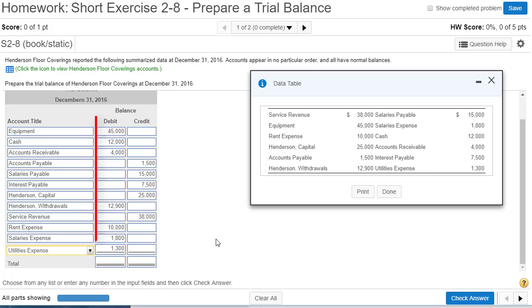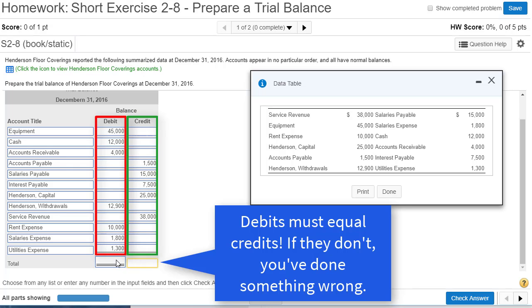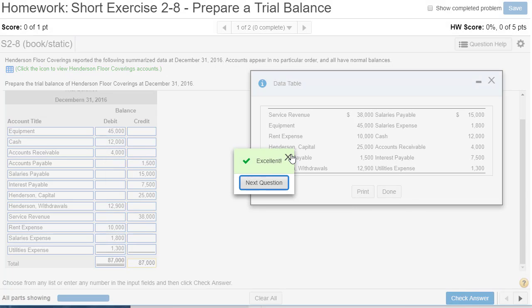Now we're going to add up our debits, put the total here, and add up these credits and put the total here. I'm not going to bore you by watching me do math. I do believe the answer is $87,000 on each side. Most excellent.